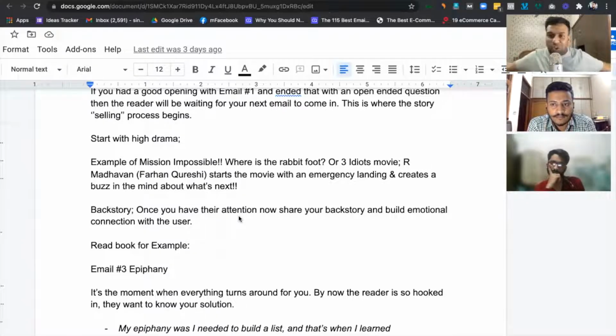But today, I didn't clear IIT JEE, I didn't go to any IIT, but I'm still successful and making much more than an average IITian. That's how you start the sequence with very high drama. You hook the person, then you share your authority, and then you start building the relationship. That happens with every product or service you want to sell, so you have to start with high drama.